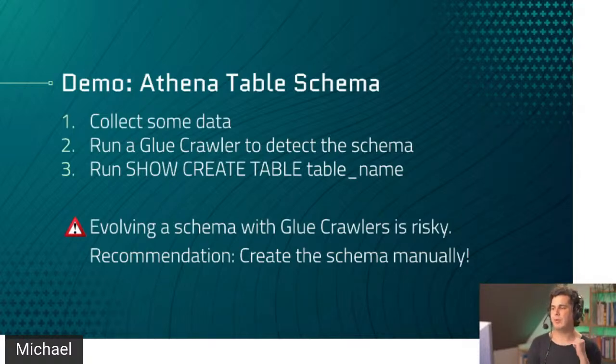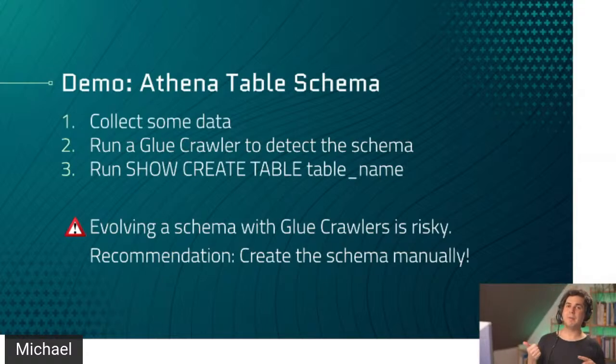So what I'm going to do is show you how you can create such a table schema, because that is actually the most involved task in this whole architecture. And the easiest way that I discovered is to use an AWS service called Glue, because Glue can look into your S3 bucket and it detects the schema based on the data in your bucket.